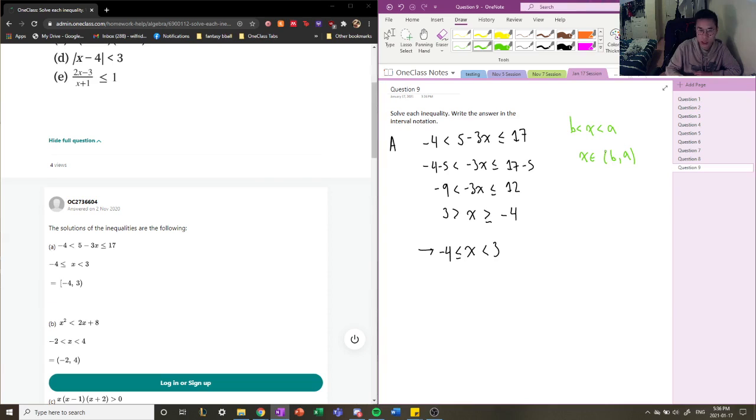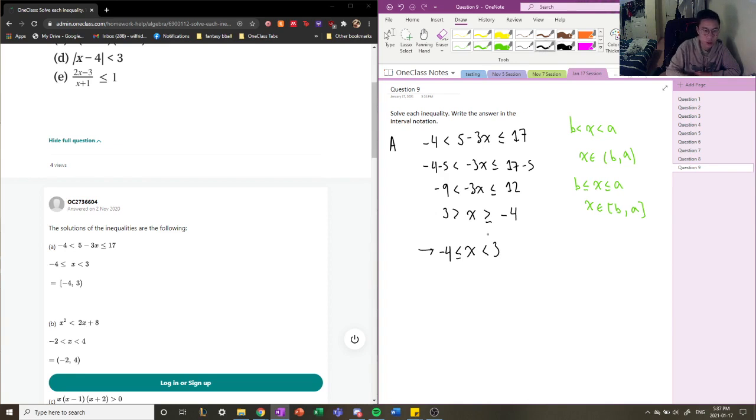The type of bracket matters here: if x is greater than or equal to a and less than or equal to b, then x belongs to [a, b]. Closed brackets mean that it includes a and b, while rounded brackets mean that it does not include a and b. The way that we read it is x belongs to, or x is greater than a but less than b. So this is what interval notation means.